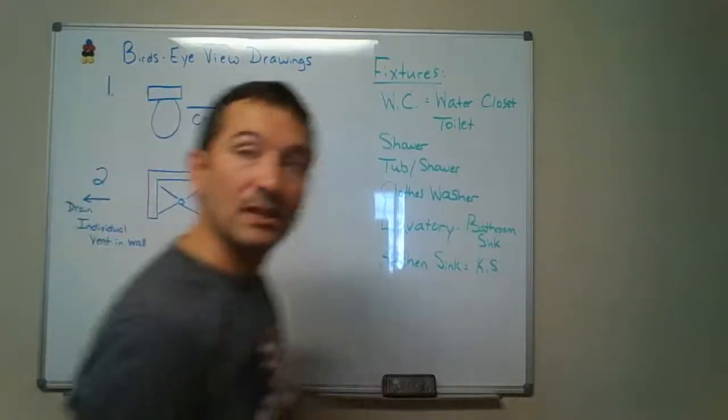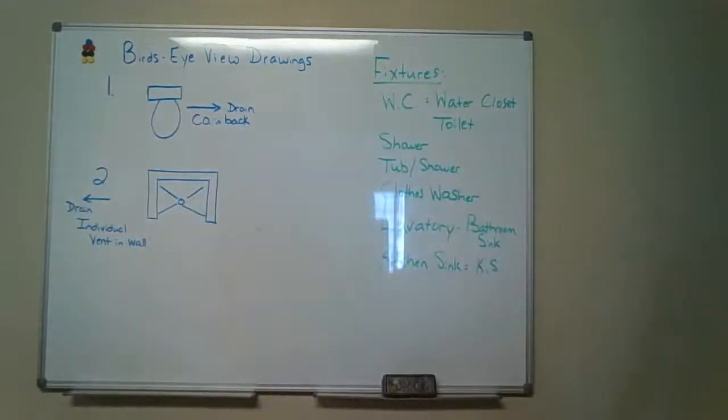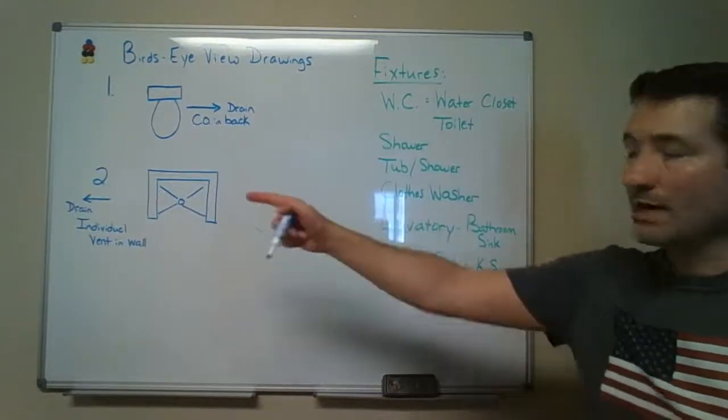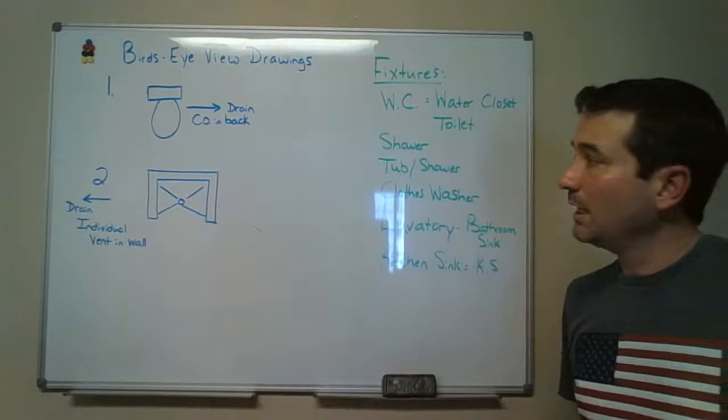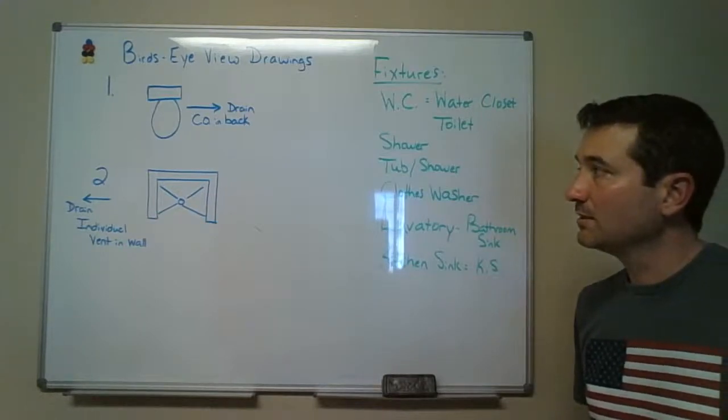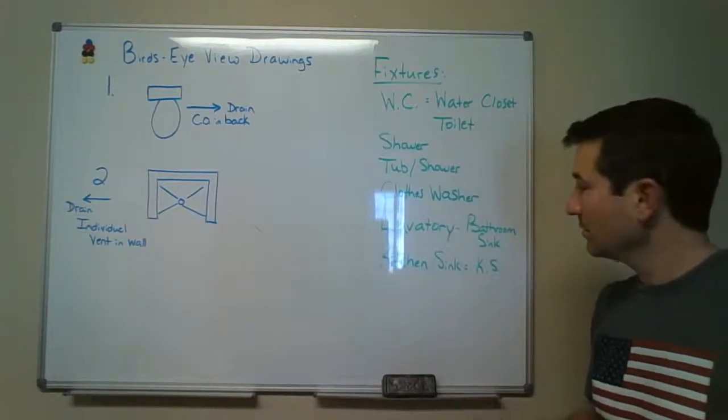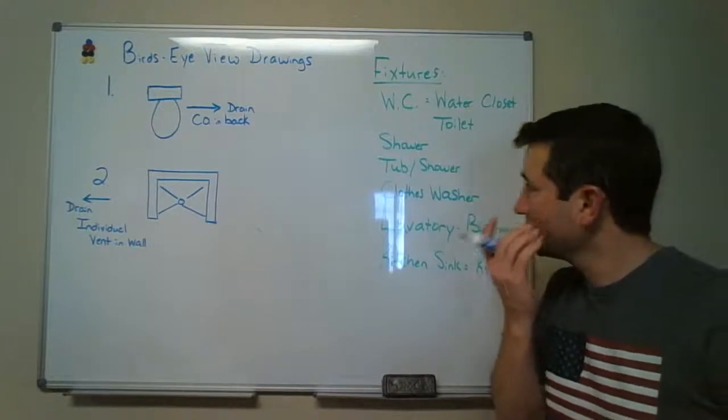Okay? Individual vent in wall. Got that? Drain going out in that direction, and put a shower vent in the wall. Look back at your notes if you're a little confused on that.